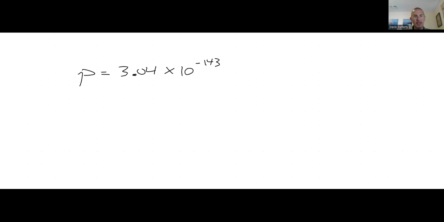That big E that you see, E negative 143, is saying times 10 to the negative 143rd power. So what is this number?